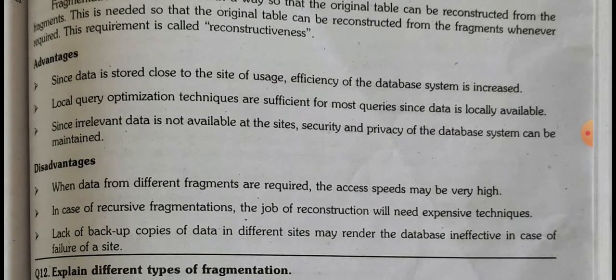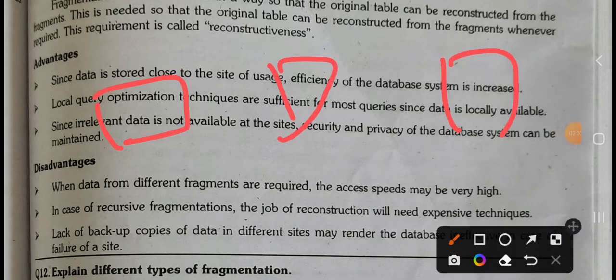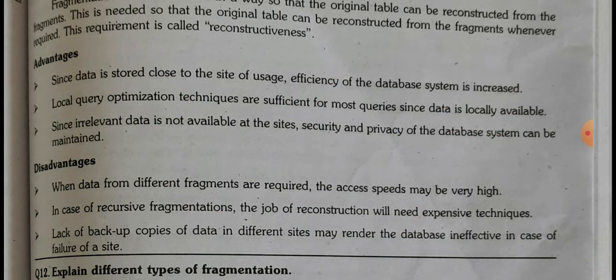But the disadvantage is that when data from different fragments is required, say you have multiple systems located in different locations, system 1, system 2, system 3, system 4, and we get data from this fragment, this fragment, this fragment, then it takes much more time to retrieve the data and combine it for the client making the request.